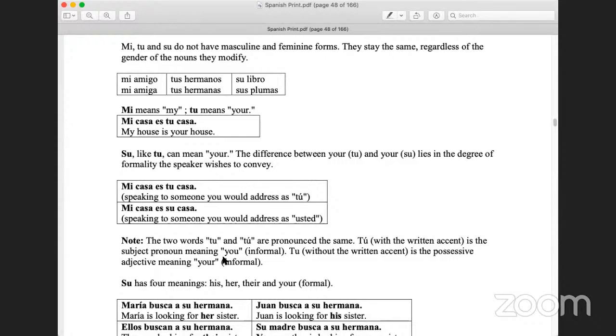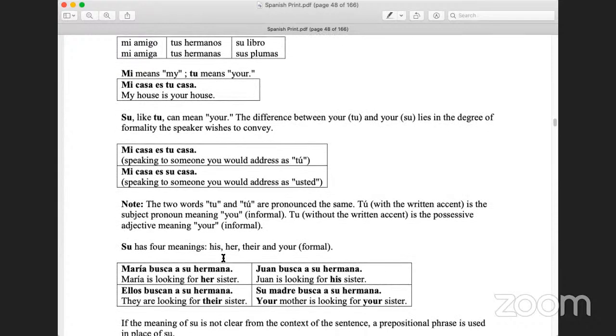Mi amigo, mi amiga. Tus hermanos, your brothers. Tus hermanas, your sisters. Su libro, your book. Sus plumas, your pens. So tu, again, is second person, and su is the he, she, third person.